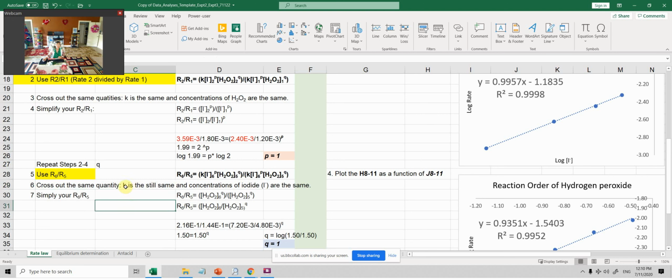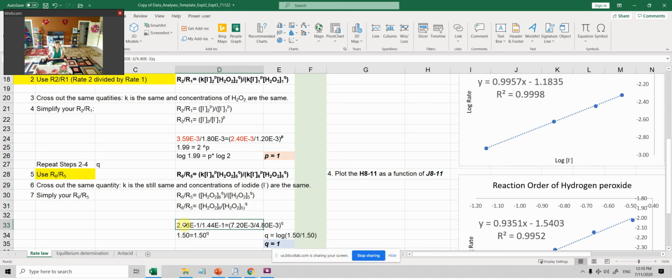After you determine this rate constant, you are also going to cross out the concentration of your iodide. You simplify your R6 divided by R5 to this equation: concentration of hydrogen peroxide 6 divided by concentration of hydrogen peroxide 5, to the power Q.